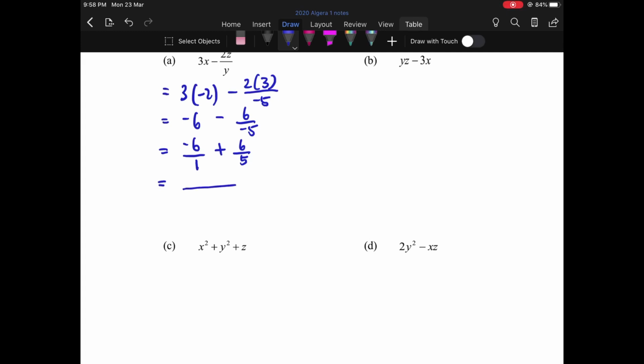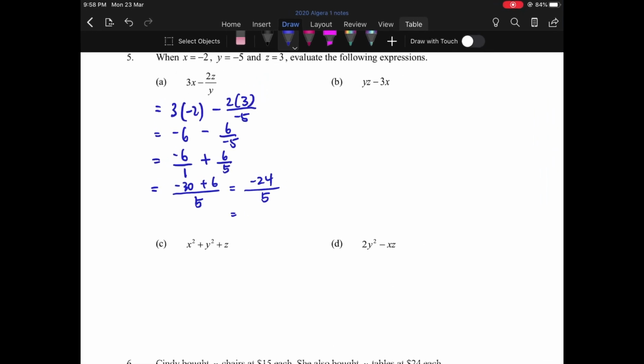Common denominator is 5. So first fraction, you have to multiply by 5. Okay, so to evaluate the numerator, you will get negative 24 over 5, and simplify it, negative 4 and 4 over 5.